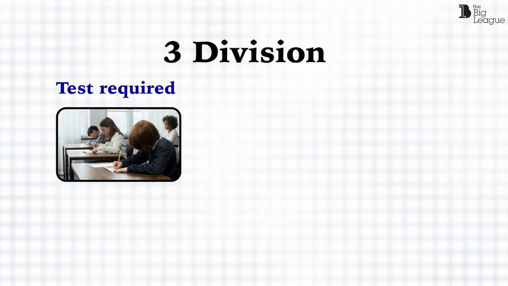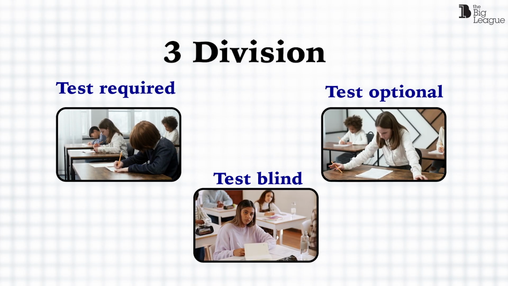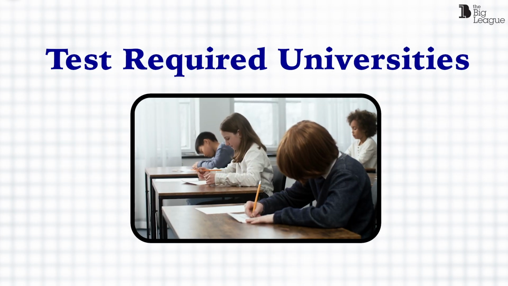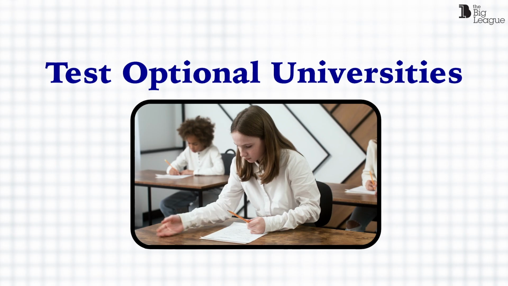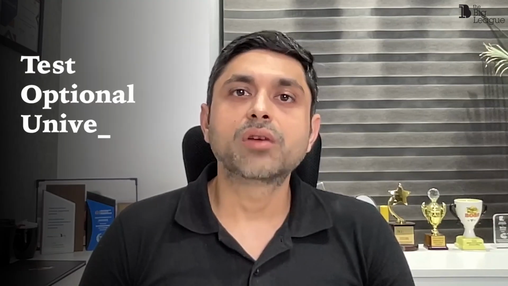Now for domain specific tests or examinations, we typically divide universities into three buckets: test required, test optional or test blind. Test required universities are those where you can submit your application only once you have given the examination, so those tests are compulsory. Test optional universities are those where you can submit your application with or without the test.